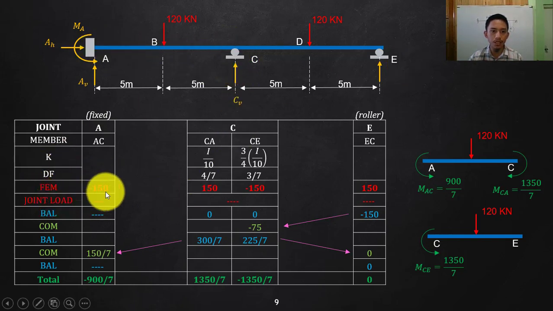In joint A, if I summate the fixed end moment and the joint load, since that will be the moment at the joint, it is negative 150 all in all. However, I do not need to be distributing that one. I do not need to be transferring that one on the member because, again, this is a fixed support. Whatever is the moment there will be carried by the fixed support. So, again, we do not need to be balancing that one.